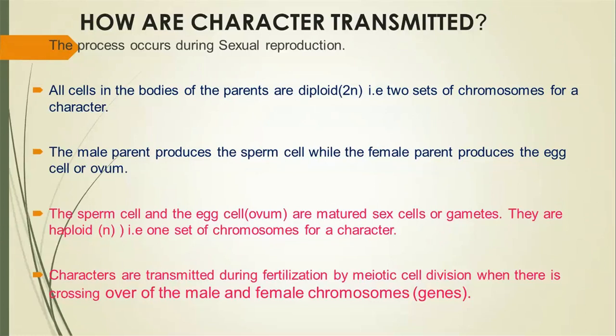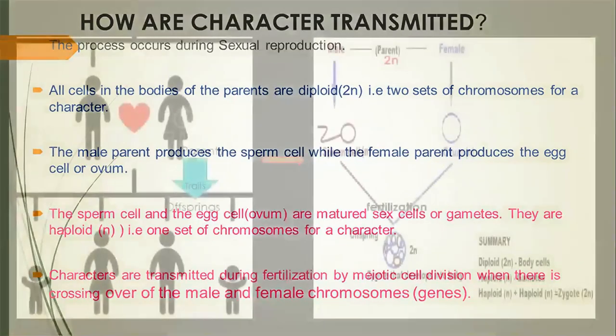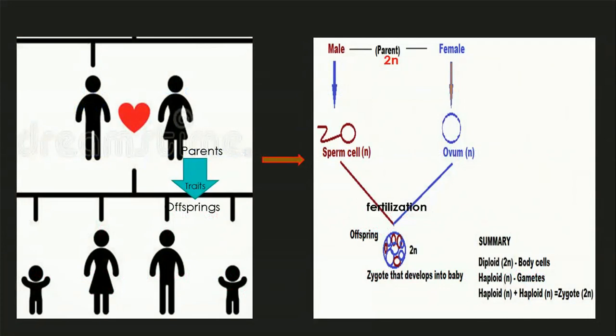and the female parent. Now here we have this image of a parent. They gave birth to children, and so these children acquired some of the traits we are talking about all this while. Now, how does it actually happen? The male produces the sperm cell, the female produces the ovum, and inside these gametes we have the genes.